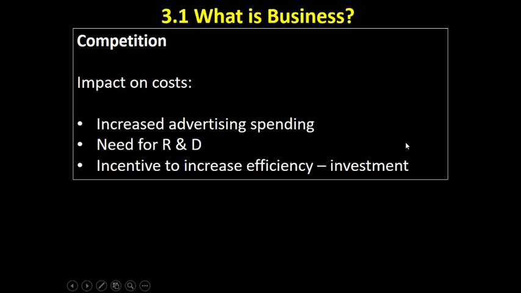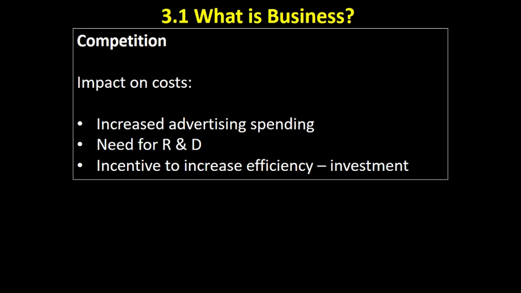So how does that affect business in terms of their costs? Well, a business in a more competitive market will potentially need to spend more on advertising, which could well drive up costs. They would need to do research and development to ensure that they're bringing out new products, again driving up costs.